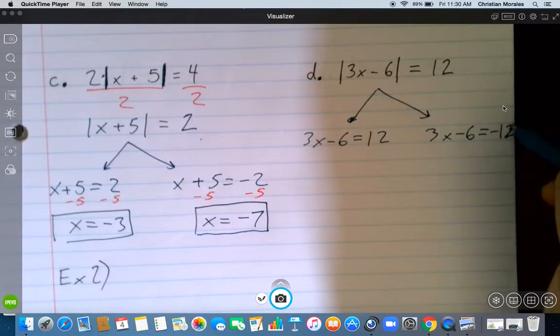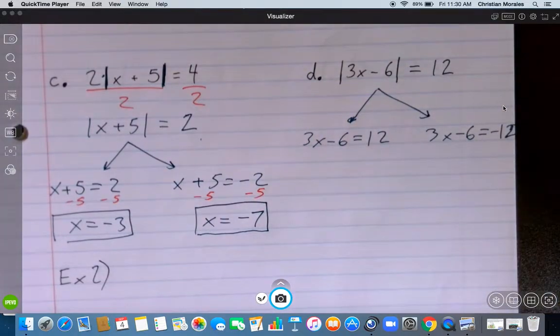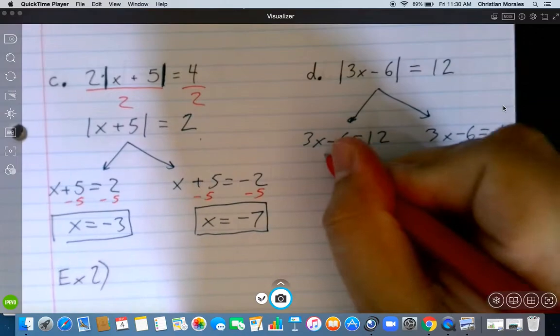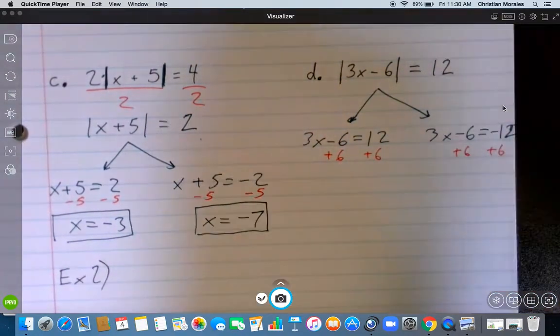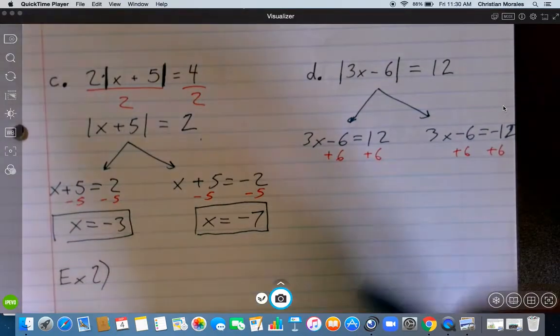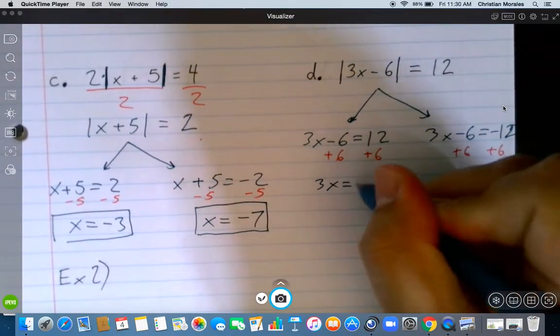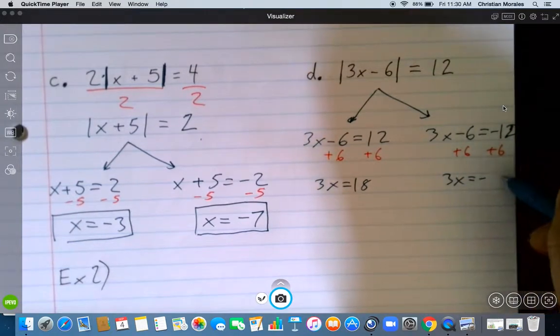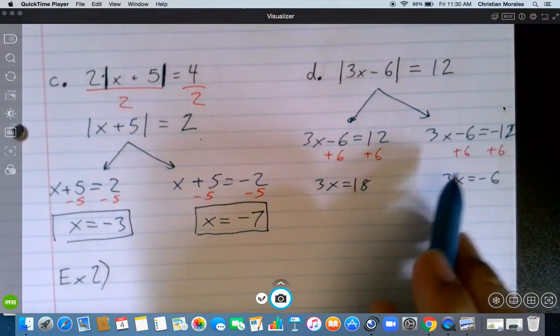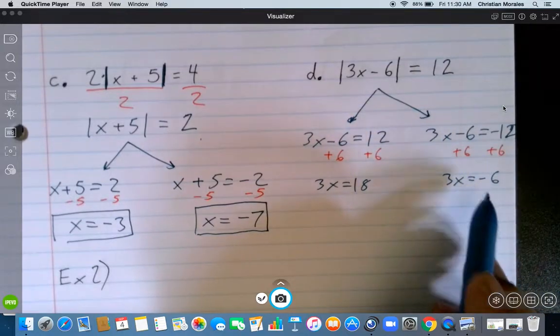Running out of space here. All right, so inverse operations, we're going to add 6 to both sides. And remember, it's the same steps. I'm just doing it all at once. So this one gives me 18, but this one actually gives me negative 6, because negative 12 plus 6 is negative 6.